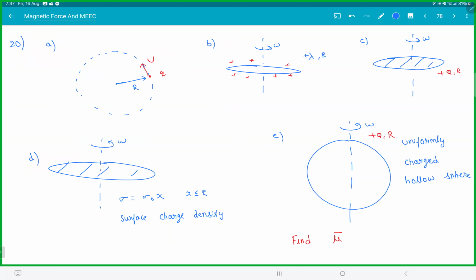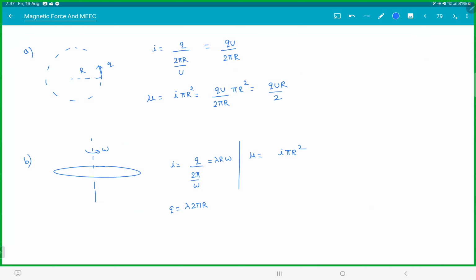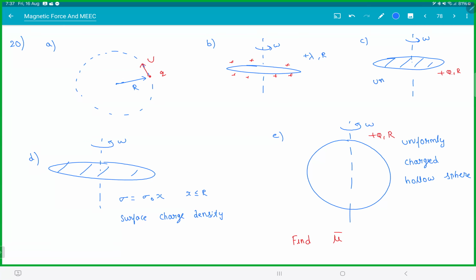Let's do C and D together. If D comes, C will also come. For C, is sigma constant? Uniform disk I gave, uniform charge.